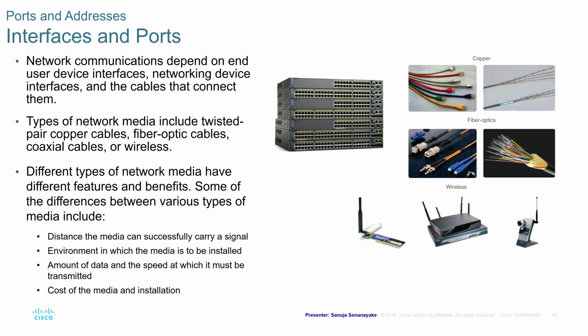The amount of data and the speed at which it must be transmitted: fiber optics has a much higher bandwidth and data transmission capability compared to copper cable and metal wires. And the cost of the media and the installation. The installation of copper cables is much easier, and the cost is far less for both materials as well as the labor. Compared to fiber optics, the material and labor costs are much higher.